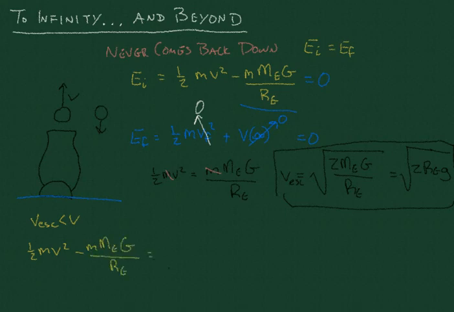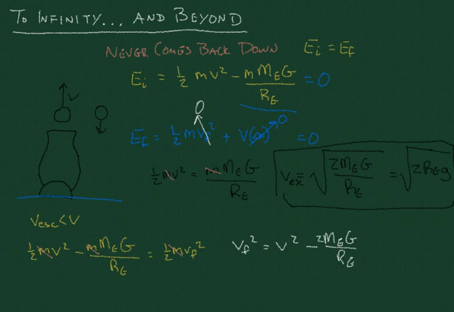But now we're going to have some non-zero final velocity, so this is going to be 1/2 m v final squared. Once again, we can cancel out the masses and multiply by 2. So we see that v final squared is equal to v squared minus 2 M_E g over R_E.